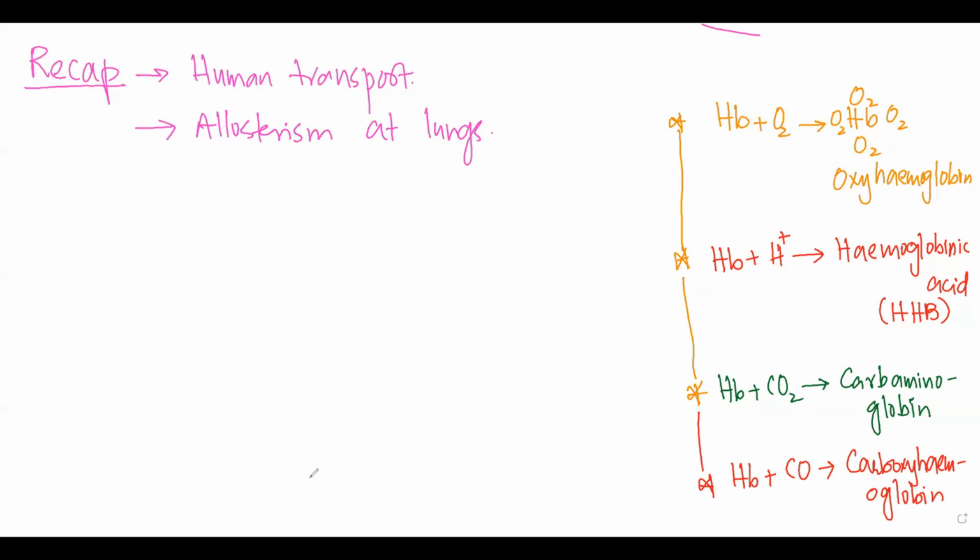Those whose mic is bad, like Ali Abdullah and Noor, you can better type for me. Allosterism means different shape, right? So allosterism at lungs means when oxygen binds to HB, the shape of HB gets changed. This is called allosterism, and successive binding becomes easier.